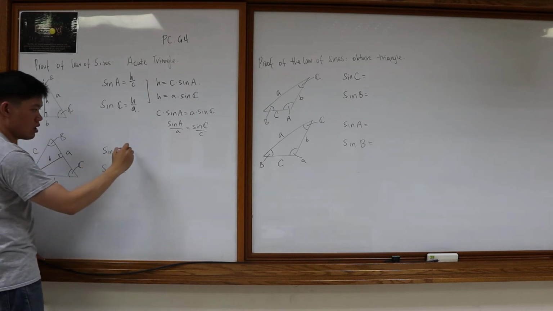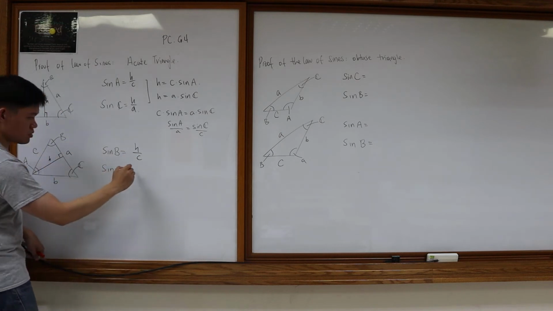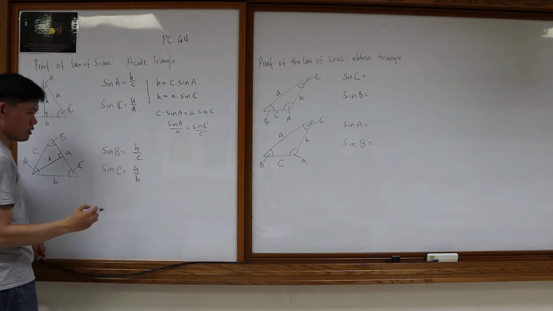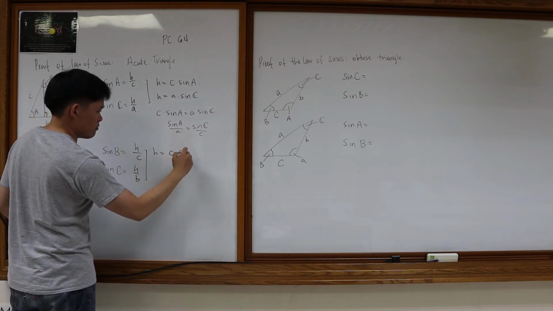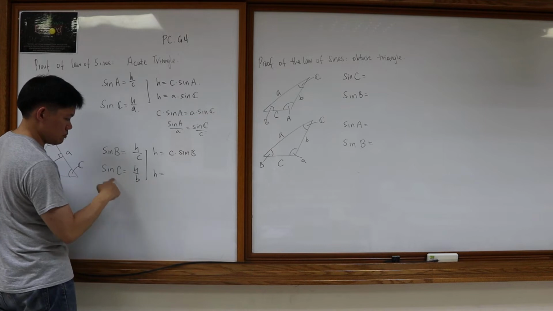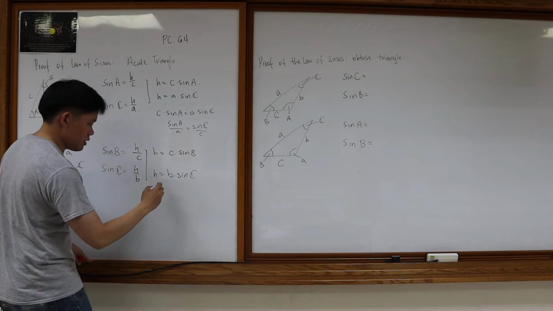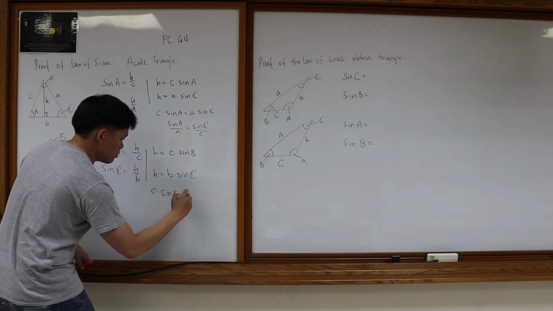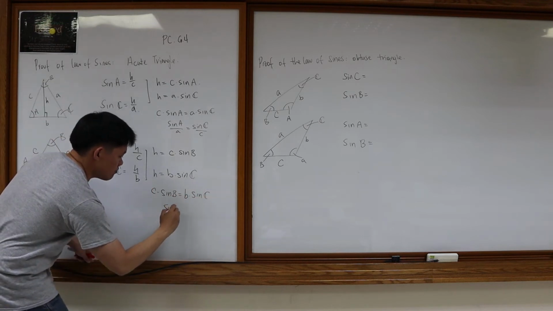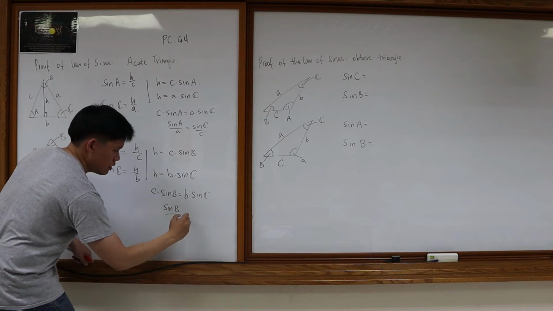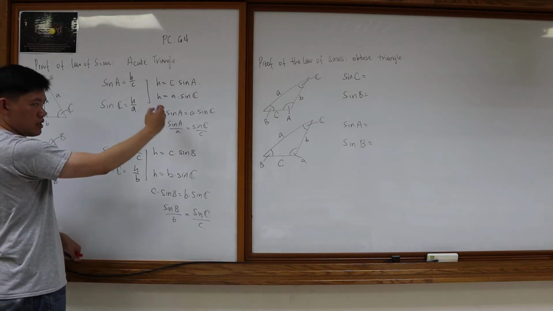My hypotenuse is C in that case, so H over hypotenuse C. And angle C in this situation is going to be opposite H over hypotenuse B. Okay, so again, same thing we want to do, H is equal to C times sine of B, and then in this case H is equal to B times sine of C. Okay, again you equate them together, you end up with C times sine of B is equal to B times sine of C. So we end up with sine of B over B, move this down, is equal to sine of C over C. Okay, so if you combine these two things together, you have common terms.